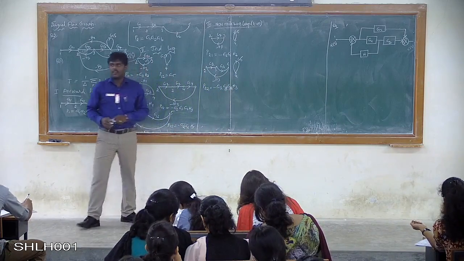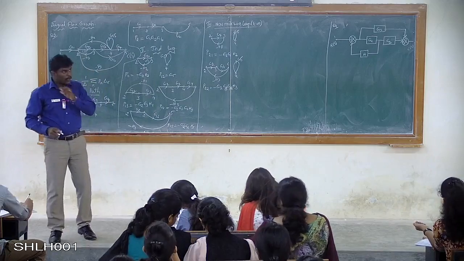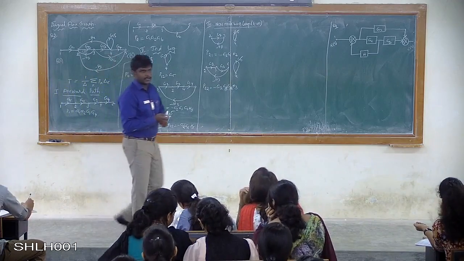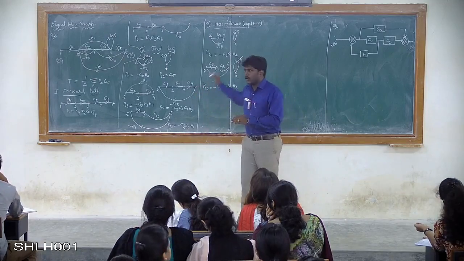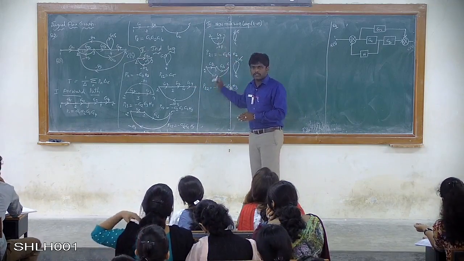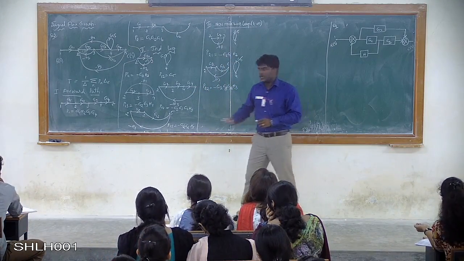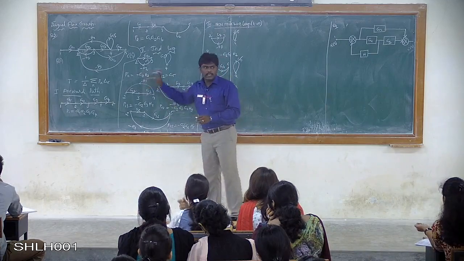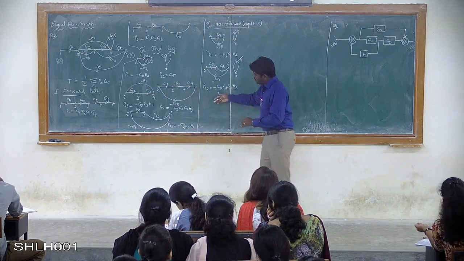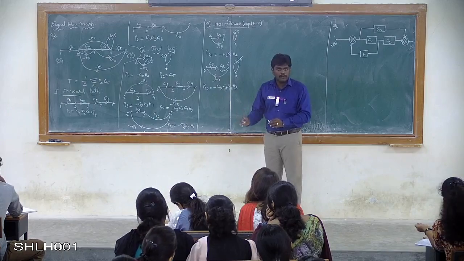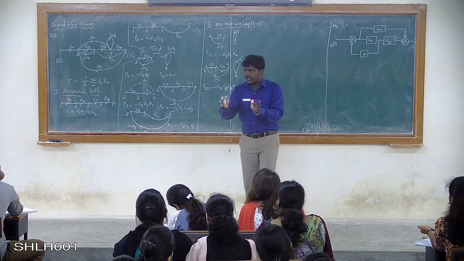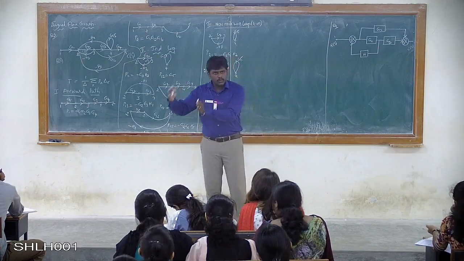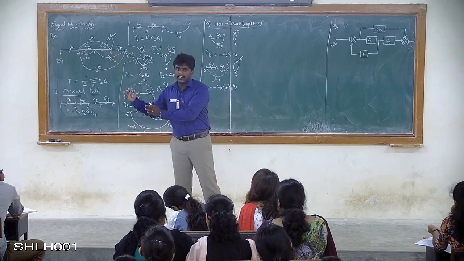Okay, now can we find any other loop which is not touching each other? No, we have found two pairs, and only these two pairs are not touching each other, but all the other individual loops touch each other. So what is the next step? We will go on finding three non-touching loops, because we have to find individual loops, then two non-touching loops, then three non-touching loops, right?